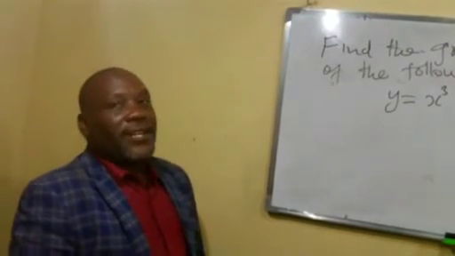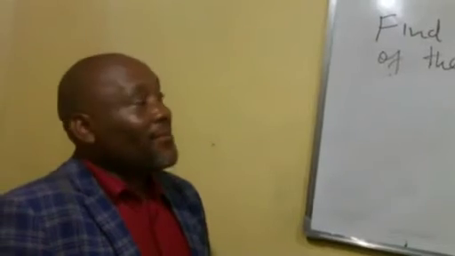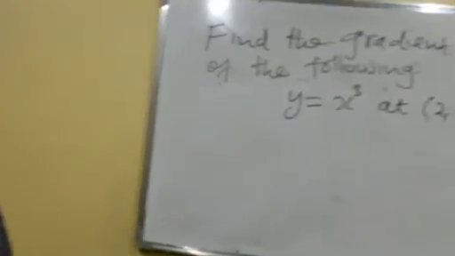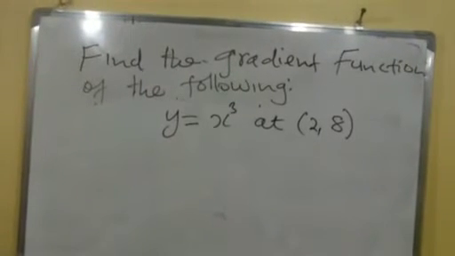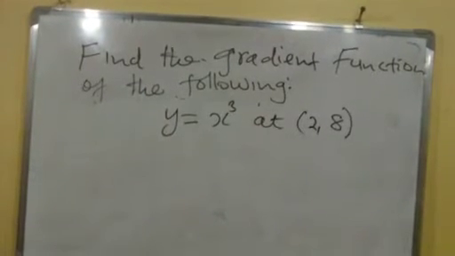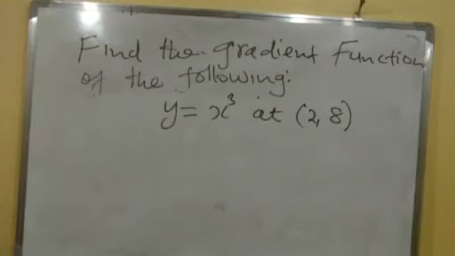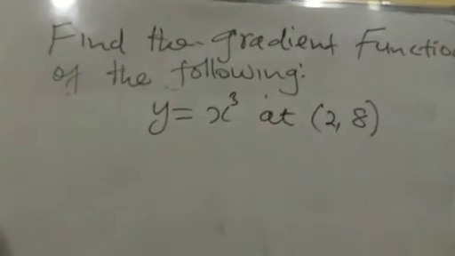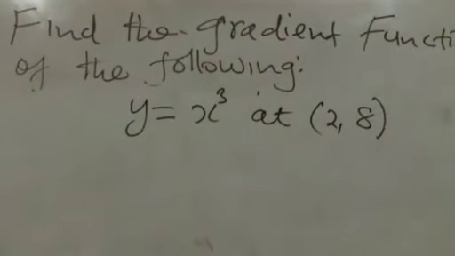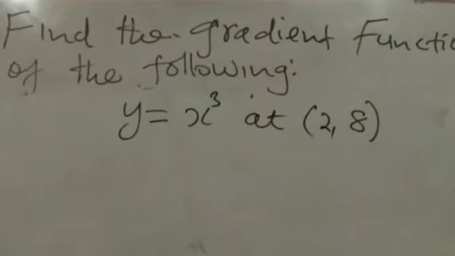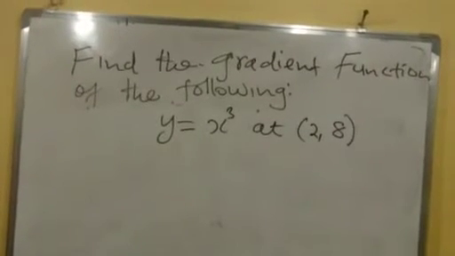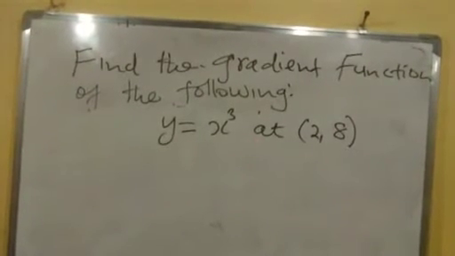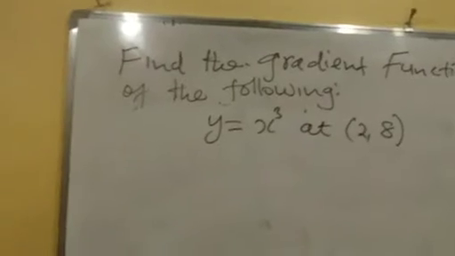We're also given another question here, and we are told to find the gradient function of the curve and also proceed to get the gradient of that curve at a point 2, 8. Find the gradient function of the curve y equals x raised to 3. Then proceed to find the gradient at point 2, 8.